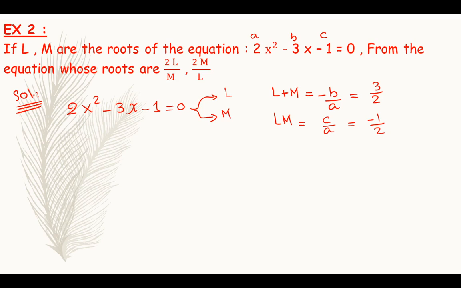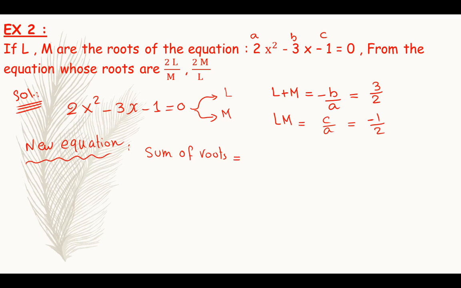Now we have the sum of the two roots and the product of the two roots. For the new equation, we need to find the sum of roots and the product of roots.